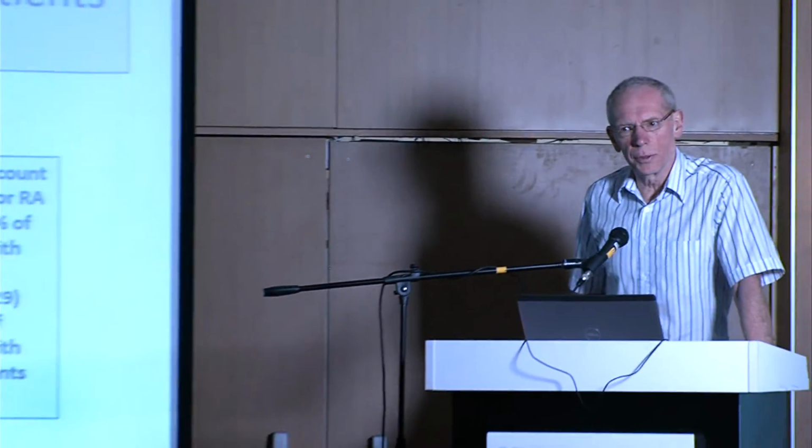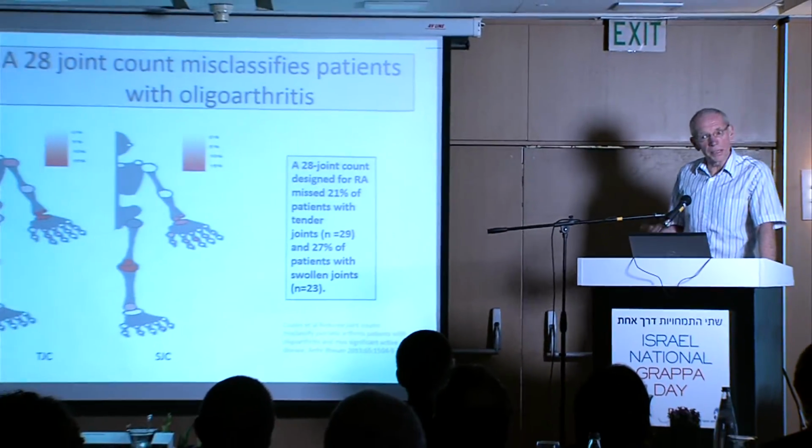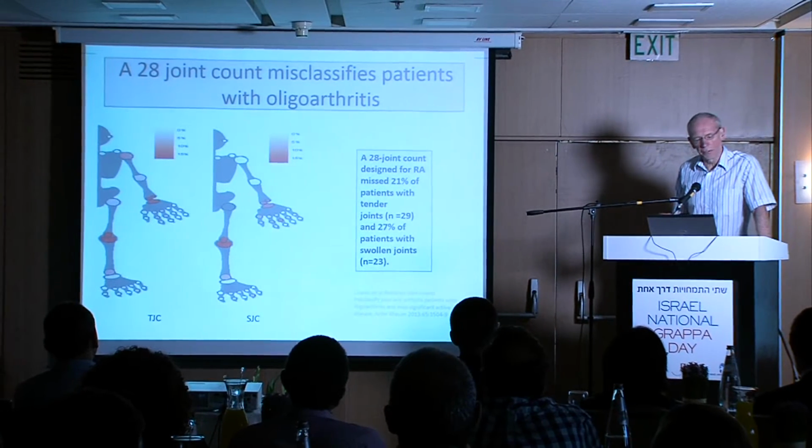What about the joints? Well, the only thing I've got to say about the joints is you've got to do a full 68, 66 joint count with our patients. The reason for that is that half our patients have oligoarthritis. So a 28 joint count that we're used to doing with rheumatoid isn't sufficient. You'll miss patients and you'll misclassify them.